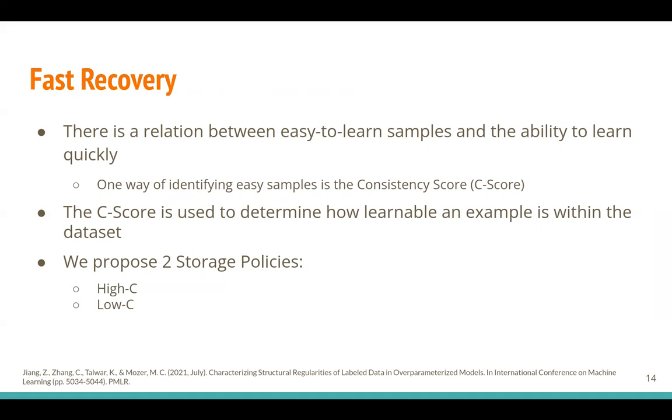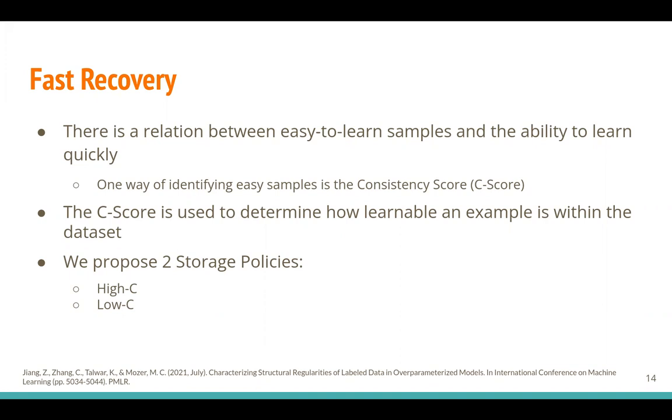So we start by learning these easy-to-learn samples, so the model can rapidly adapt to the new situation, and then we slowly increase the difficulty of the examples. One way of identifying these easy-to-learn samples is the idea of the consistency score. The C-score, or consistency score, is how learnable each example is within the same dataset.